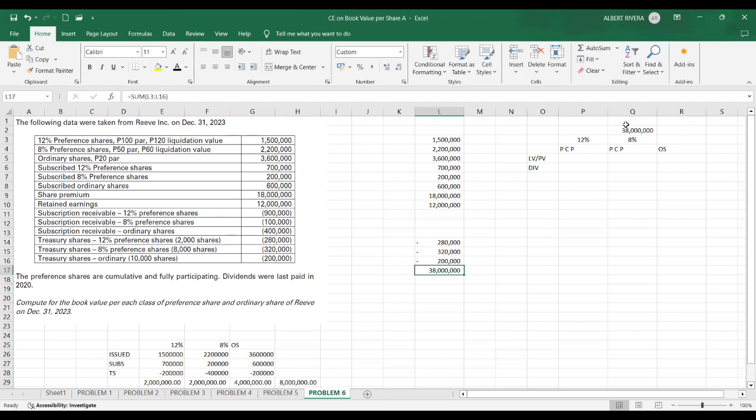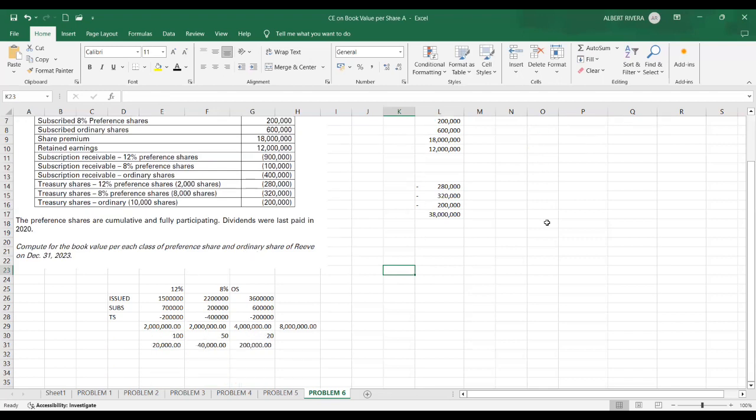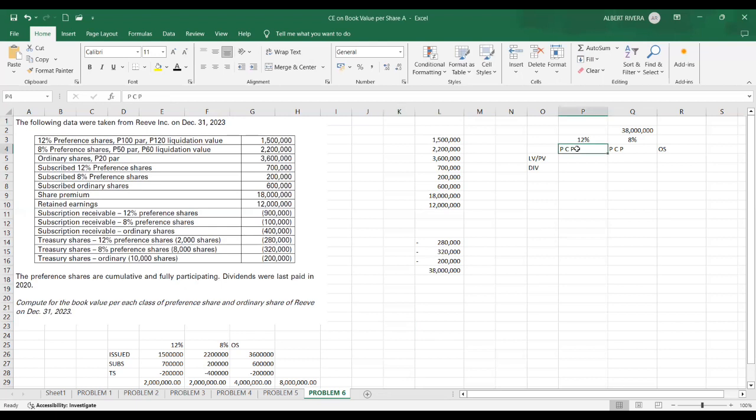38 million pesos. Okay, so again, what we need here is to compute for the book value for each class of share. There are three. That is preference, cumulative, and participating.